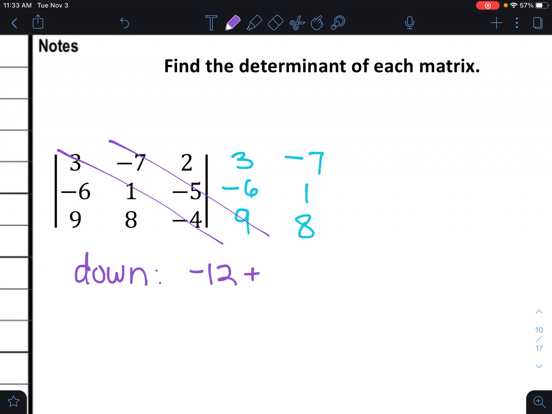Let's do a little calculator work there. That's a positive 315, and then plus negative 12 times 8 is negative 96. So negative 12 plus 315 plus a negative 96 is 207.